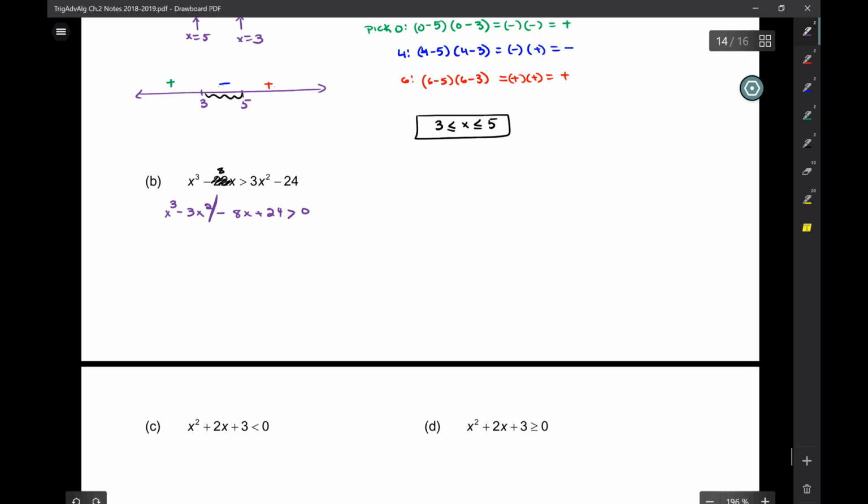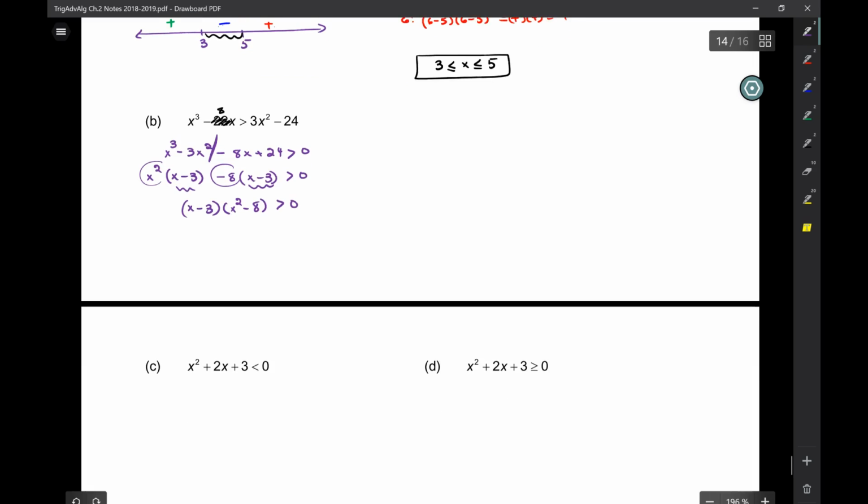So I split it down the middle. From the left side, I can factor out an x squared and get x minus 3, minus 8 times x minus 3, greater than 0. I have a common term of x minus 3. I can write it off to the side here one time. And then I collect what I haven't used, x squared minus 8.